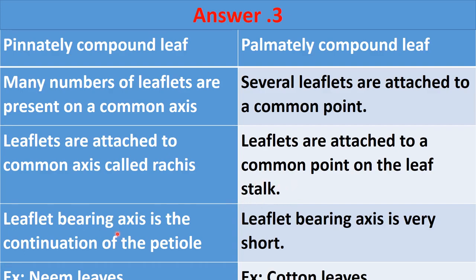Next, the leaflet bearing axis is the continuation of petiole. So the axis on which leaflets are present is the continuation of petiole, and here the leaflet bearing axis is very short. Example of pinnately compound leaf is neem leaves, and of palmately compound leaf is cotton leaves.